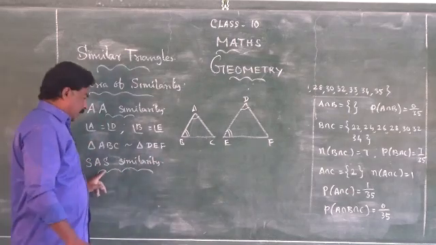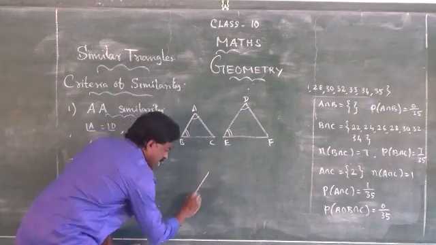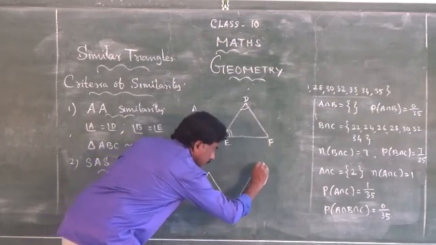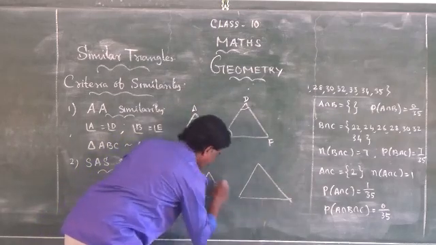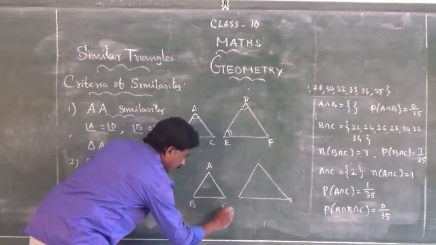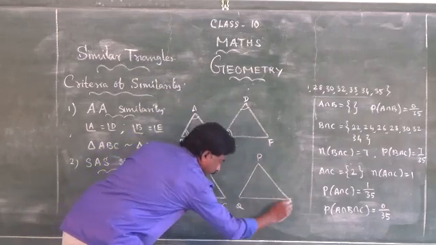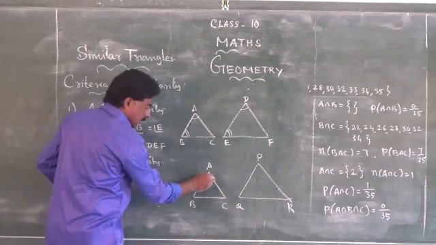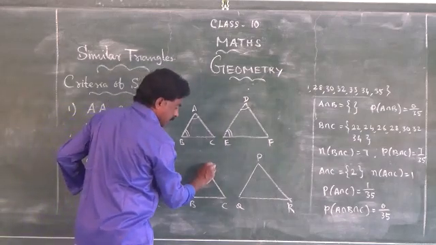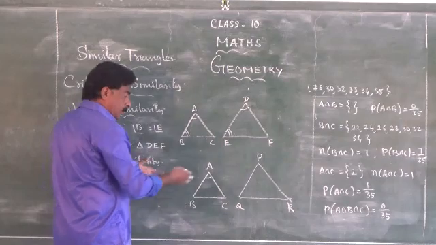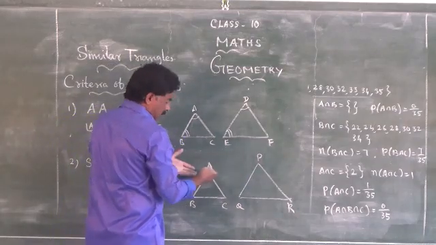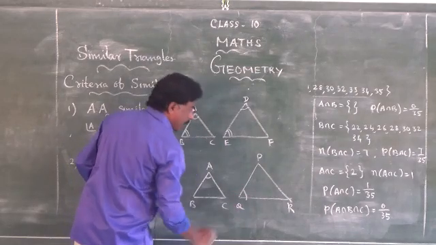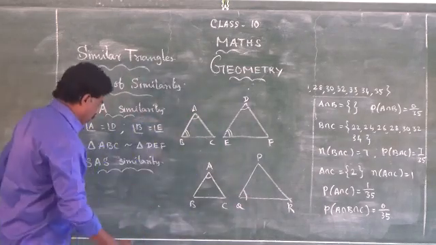If an angle of a triangle, just for example I am taking ABC, you can call the other PQR. What is given? If one angle of a triangle, suppose A is equal to, it is not compulsory that A is equal to P only, any angle. Suppose A is equal to Q. The angle A is equal to Q.